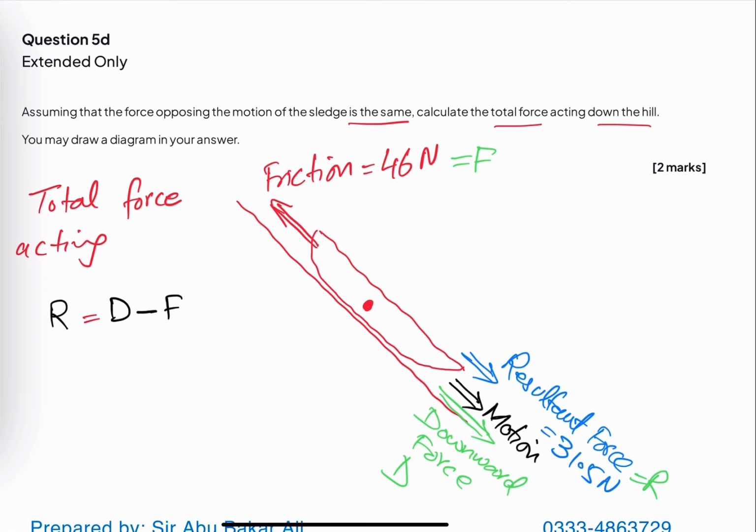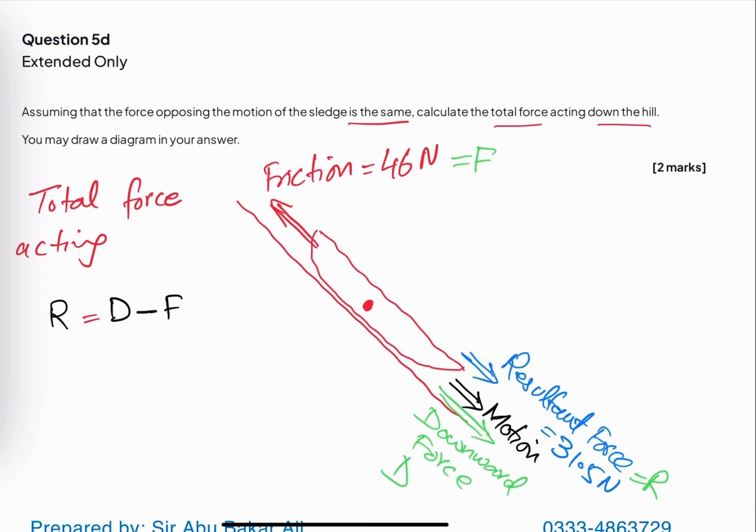Why D minus F? Because D is greater, because the object is moving in the direction of the D force, the downward force, and the resultant force is also in that direction, so that means the downward force is greater. So greater force minus the lesser force gives you the resultant force. Why are we subtracting? Because both the forces are acting in the opposite direction.